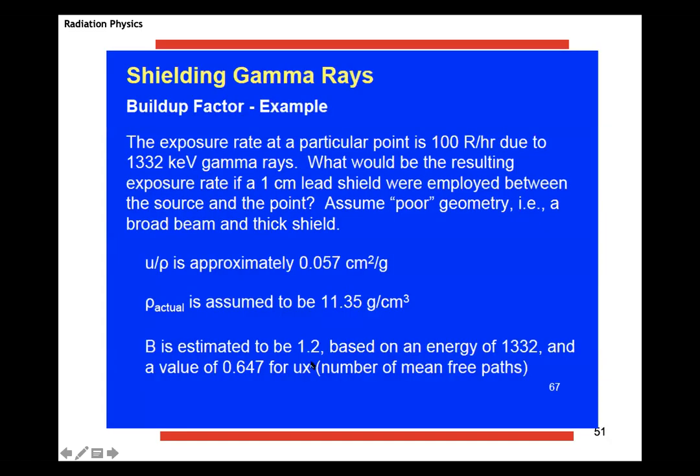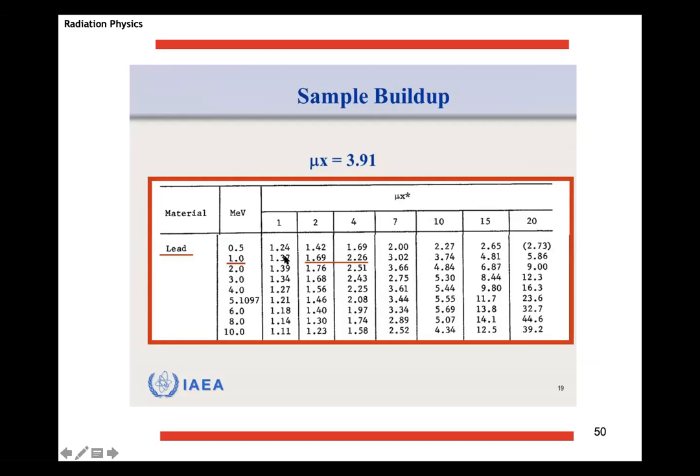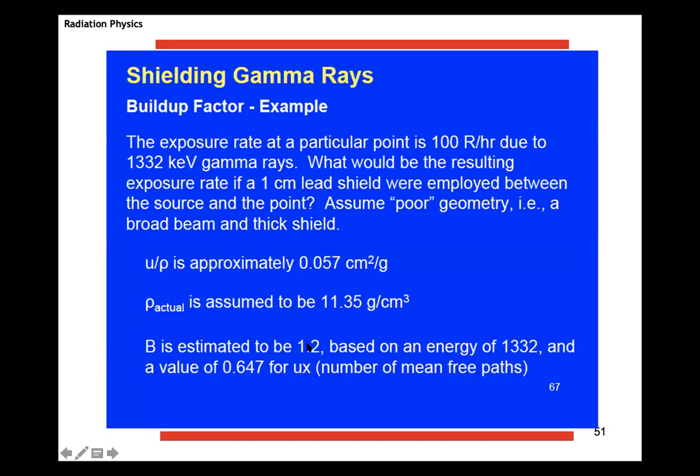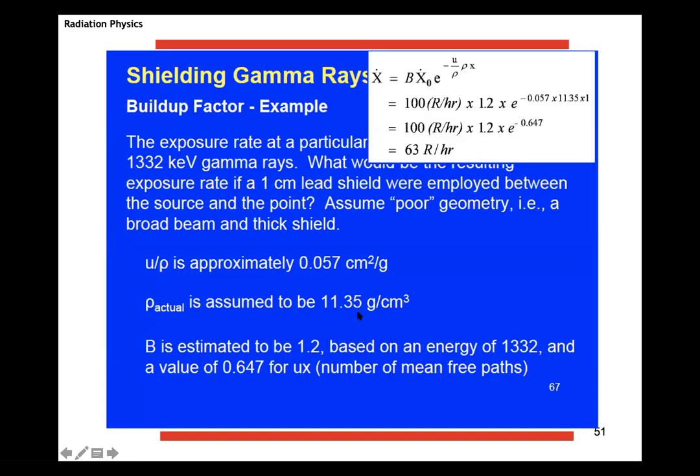You see, the number of mean free paths is only 0.647, so it's a little bit lower than this one. At 1 MFP, you will have 1.37. But since you have here 0.647, you only have 1.2. So the build-up factor is 1.2.